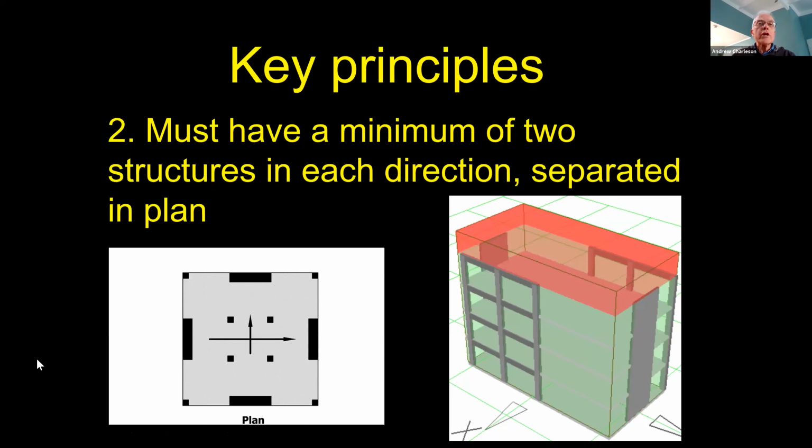And the same goes in the X direction. These 2 walls don't need that much separation, but they need about 1/4 of this dimension to give that resistance against twisting.